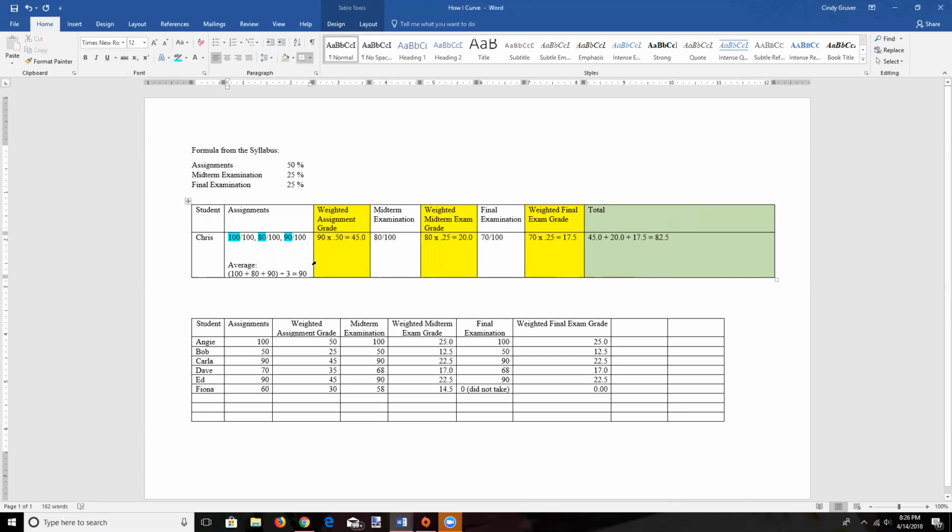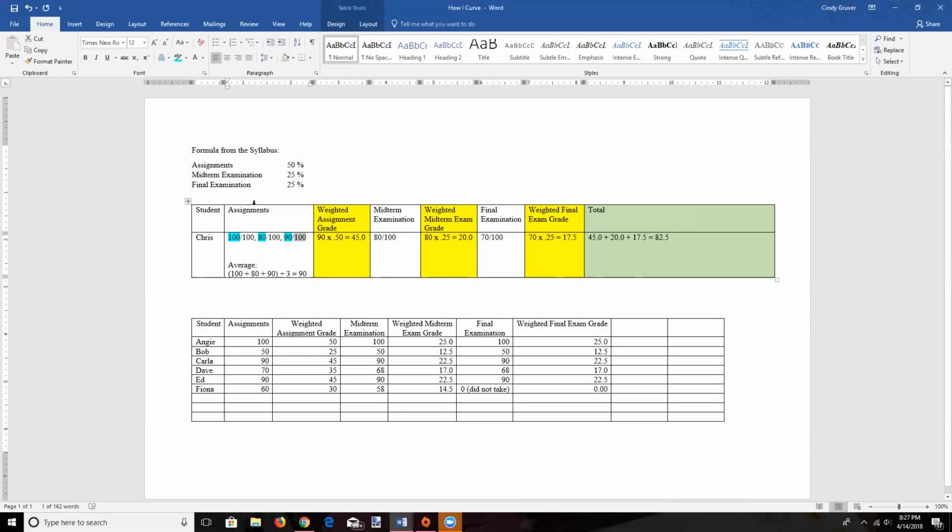And so now our number is 90 out of 100. Now if it were say 9 out of 30, then we'd have to adjust this so it would be out of 100, but because it's already out of 100, we don't need to make that adjustment. If you need some help when the number isn't out of 100 possible points, come see me and I'll be glad to assist with that.